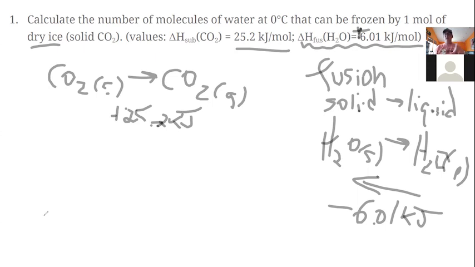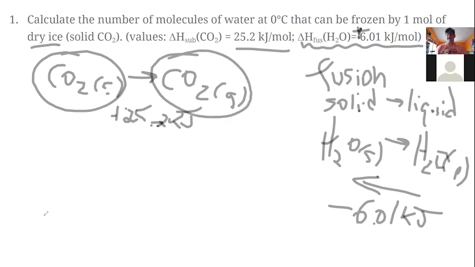Well, how much heat is being removed when carbon dioxide solid turns into carbon dioxide gas? The answer is negative 25.2 kilojoules.